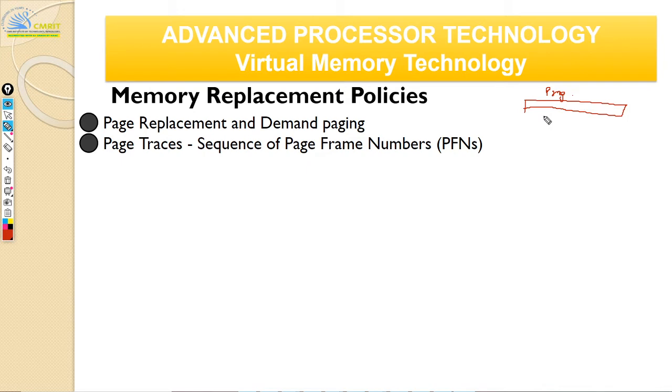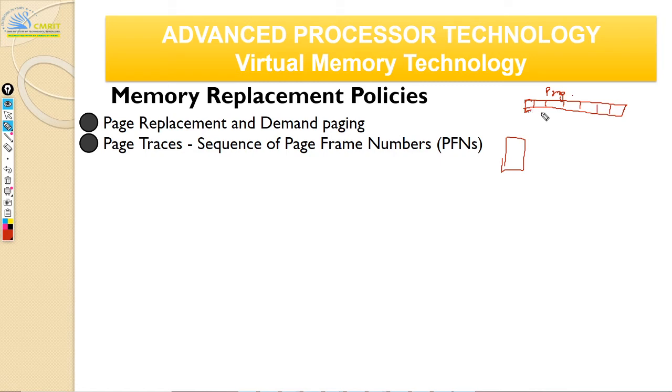So now this particular set of operations, you can map it to your page frames, and this is called a page trace. Now what is happening here is that if you have a particular program, you will divide this entire program's data or code or whatever is associated with it.